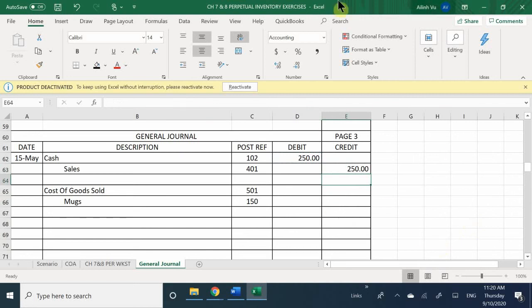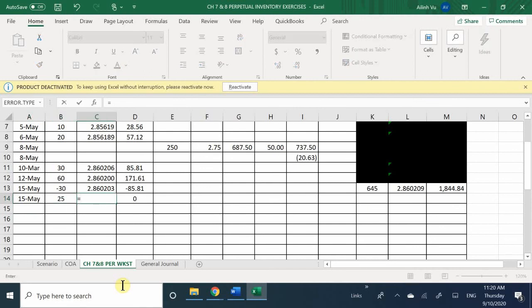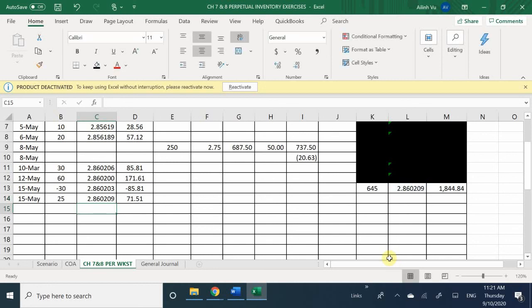Now we need to solve for our cost of goods sold. Back to our inventory worksheet, this time we're calculating the 15th of May. I sold 25 items, and my cost per item is 2.860209.